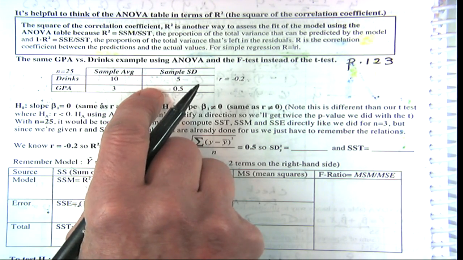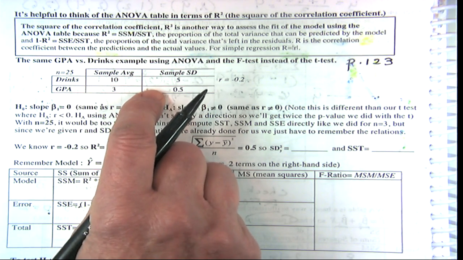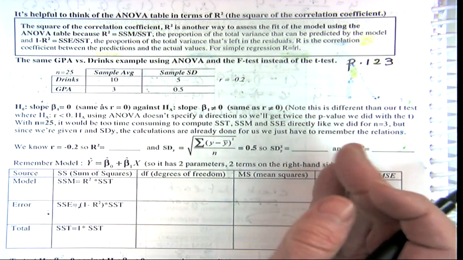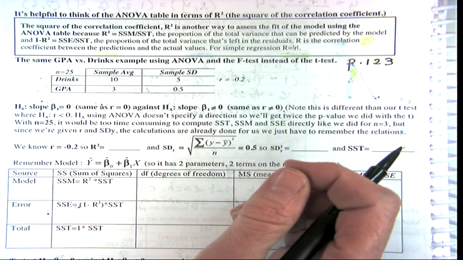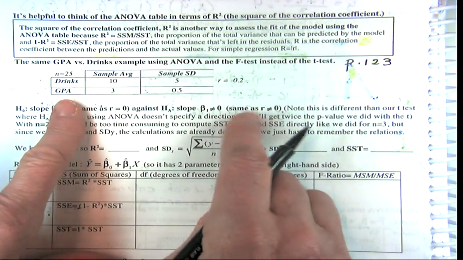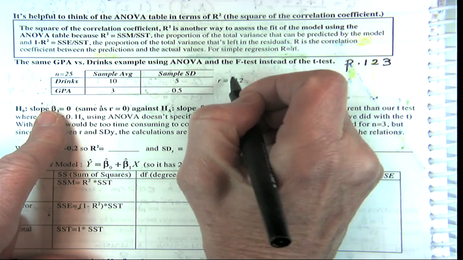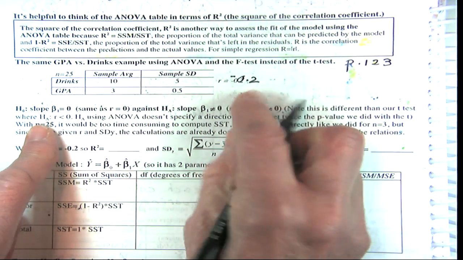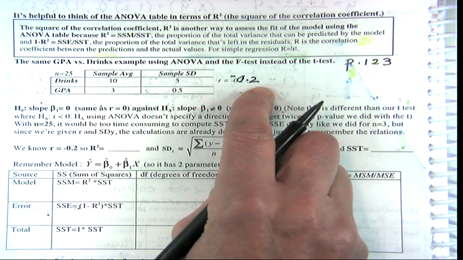The idea was we want to see if there's some negative correlation in the population between how much people drink and what their GPA is. So we sampled 25 people from all U of I students for this hypothetical data. And in our sample, we got this correlation right here of negative 0.2. I'm just writing it bigger here so you can see it.